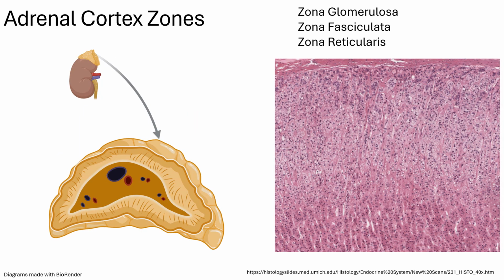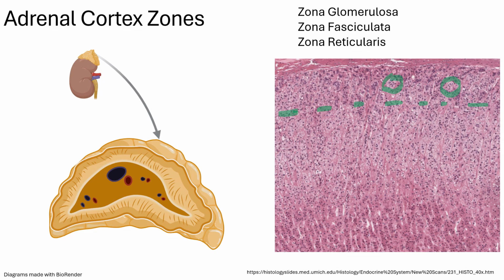The cortex has three zones. From superficial to deep, these zones are the glomerulosa, fasciculata, and reticularis. The word glomerulosa means little spheres, and the histology of this outermost layer of the cortex has this appearance of little spheres, and you can see some of those here and here.